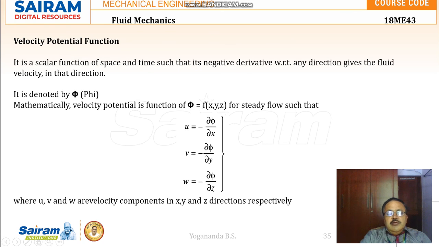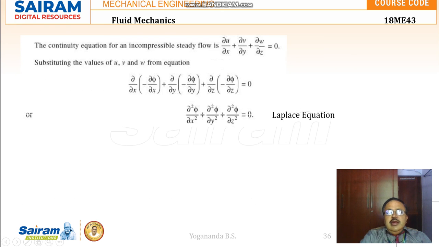So we have minus of each quantity, with the square: del square phi by del x square, del square phi by del y square, del square phi by del z square. Taking minus 1 outside and to the right side, 0 divided by minus 1 is 0. So this equation is called the Laplace equation.